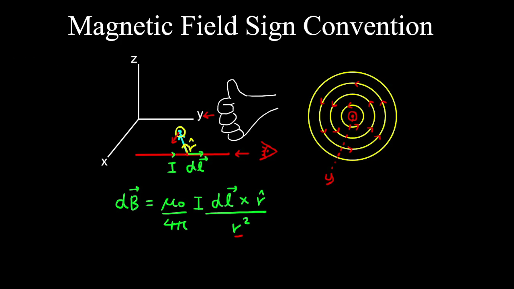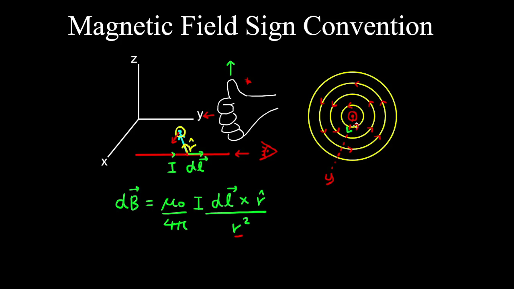So therefore we can determine the direction of the magnetic field using the right-hand rule, where in this case the current is flowing out of the screen. So your thumb points in the direction of the current, and then curling your fingers gives you the direction of the magnetic field.